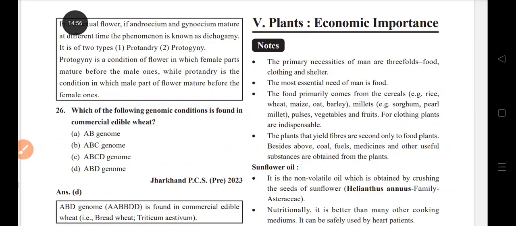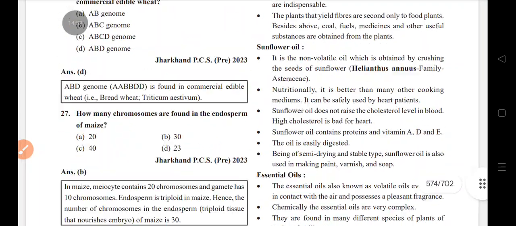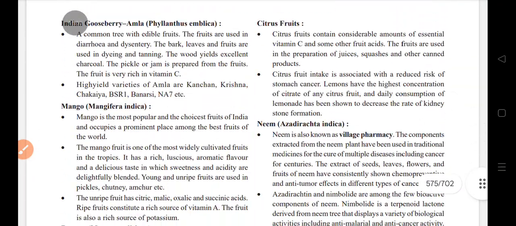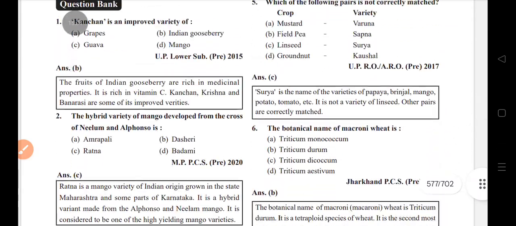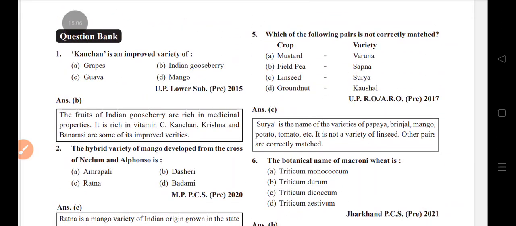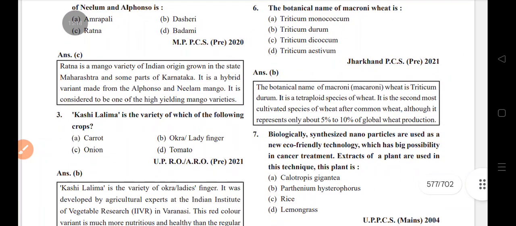Plant economic importance. Kanchan is an improved variety of Indian gooseberry. Hybrid variety of mango developed from the cross of Neelam and Alphonso is Ratna. Kashi Lalima is a variety of which of the following?